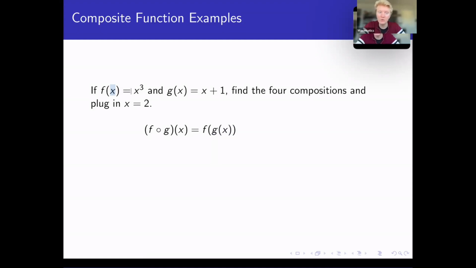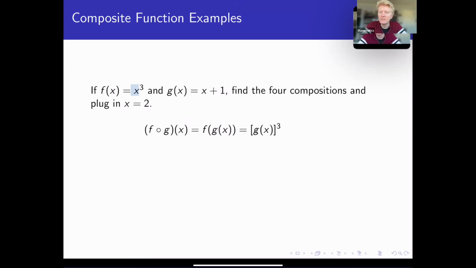So f of potato would be potato cubed. But now we're not plugging in just some single term, like x plus h. What we're doing is plugging in g of x. So in f of x, wherever we see x, we're going to write g of x. So f of g of x would be g of x cubed. Again, wherever we see x, write g of x.